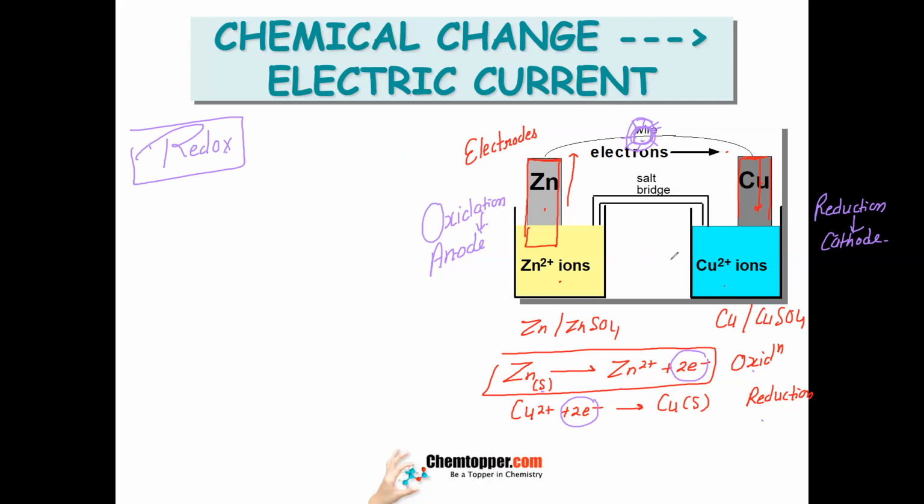Okay, Dhruv, earlier we used to teach the sign. Dhruv is saying plus to minus. No, Dhruv, now we are not using any sign for the galvanic cell. The sign which you are telling me is for the electrolytic cell, not for galvanic. Earlier they defined anode in the galvanic cell as minus and cathode as plus. It's easy to understand. Why? Because electrons always flow from minus to plus.